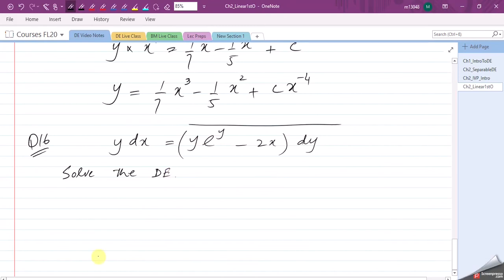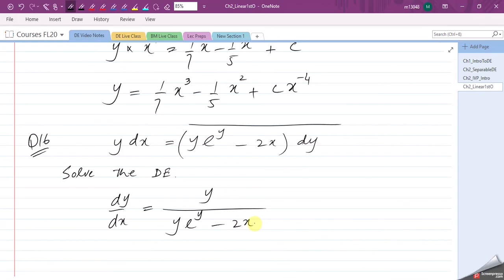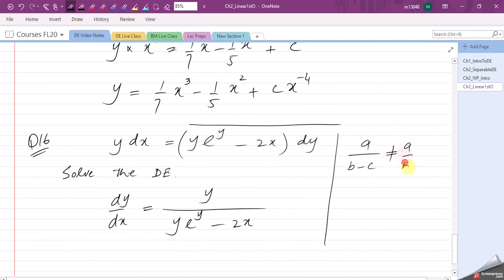Maybe our first attempt will be to try to make dy by dx. So we make dy/dx, dx goes down, and this whole thing comes down here, (y e^y minus 2x) over y. But clearly we cannot make a linear equation out of it like this, because a over (b minus c) is not equal to a over b minus a over c. So we cannot split these two terms.